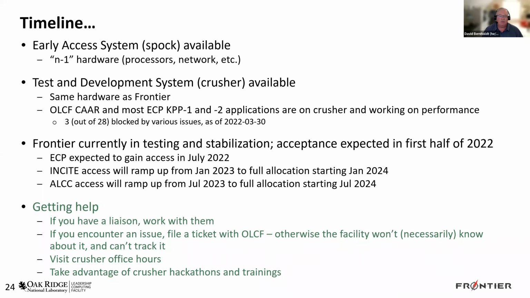Both the OLCF Center for Accelerated Application Readiness applications and the ECP KPP1 and 2 applications are on Crusher and working on performance and seeing pretty good results. Frontier is currently in testing and stabilization. We're expecting acceptance in the first half of 2023, I think, or 2022, I'm sorry.